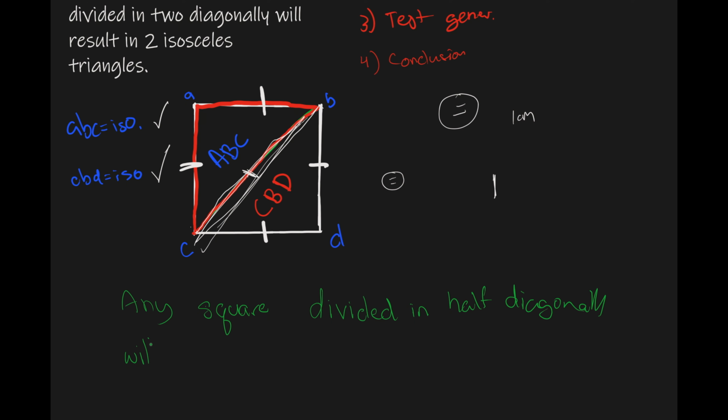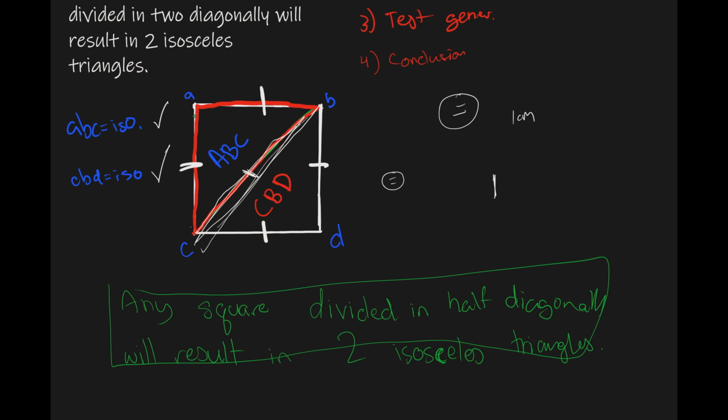Isosceles, probably spelled that wrong. Isosceles, that's better, isosceles triangles. And it did, right? So this is a true statement. This is a true generalization.